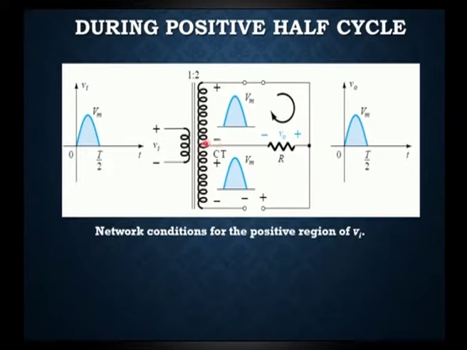The polarities of this half of the center tap will be like this: this portion becomes minus, and here it becomes positive. So this plus means diode D1 works in forward bias mode, and we can observe the resistor polarities, plus and minus, here, and the current flows like this.